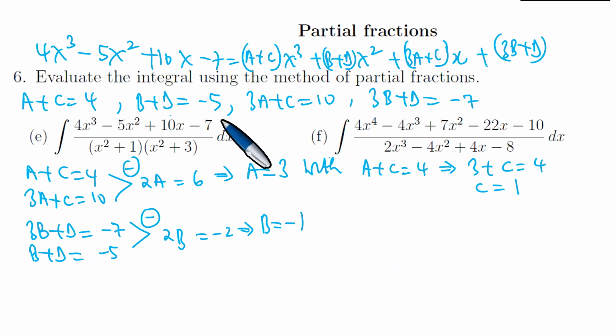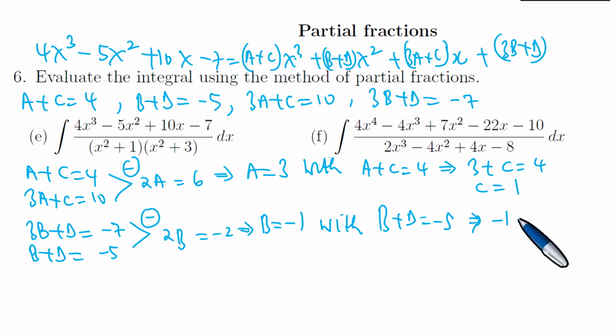And then b is −1 in b + d, so −1 plus d is −5, so d is −4.